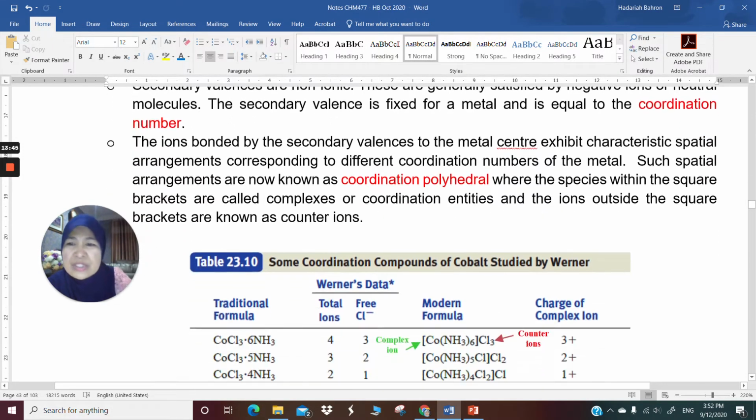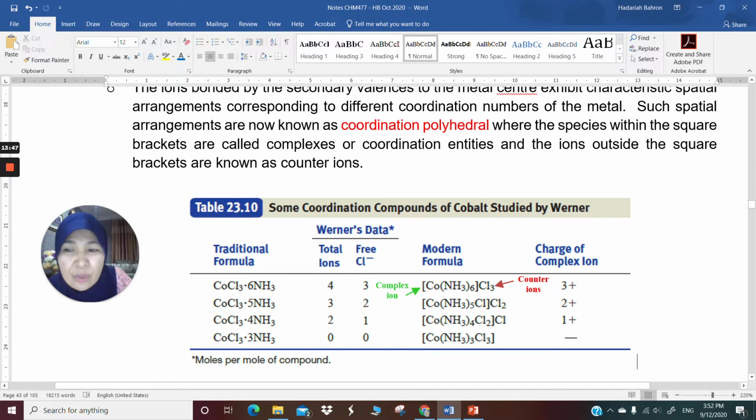And this coordination number is almost fixed to 6 for cobalt. So cobalt has here 6 ammonia, in here 5 plus 1, which is 6, in here 4 plus 2, which is also 6, in here 3 plus 3, which is also 6. So whatever is remaining will become counter ions, and the chloride that became the counter ion will be picked up by the silver nitrate to make silver chloride.